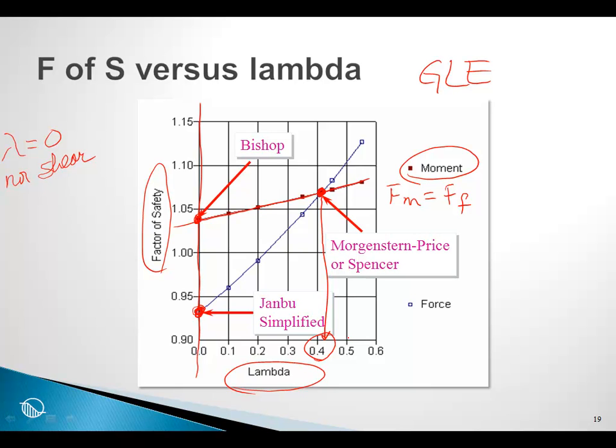But we'll come back to that later. The GLE plot can be produced in SLOPE/W, and I will show you in a few minutes how to do that, but it provides a lot of useful information in interpreting the results. At the end of this session, we will recommend highly that looking at results is more than looking at factors of safety. We should also look at things like the GLE plot.